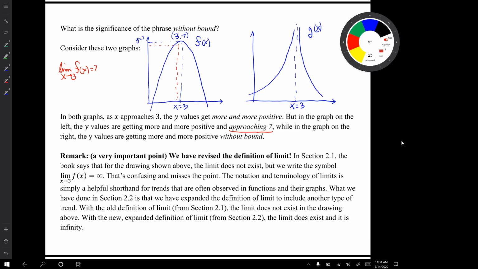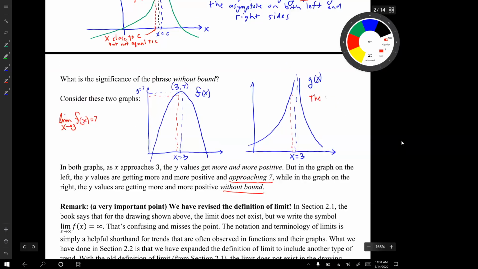But on the graph on the right, the y values are getting more and more positive, but without bound. So as x gets closer and closer to 3, the y values get more and more positive without bound. So in this graph, if I choose an x value even closer to 3, so for instance this green one, its y value will be huge and positive.